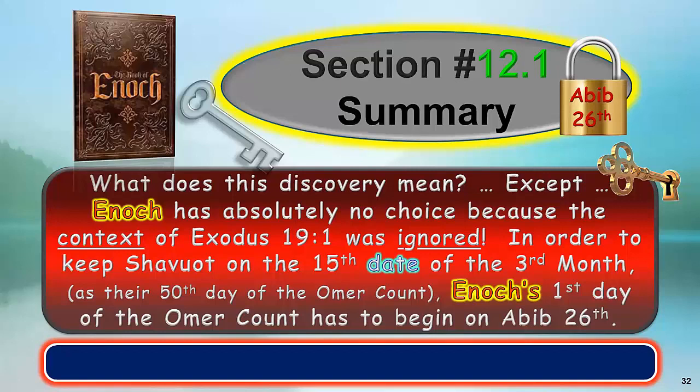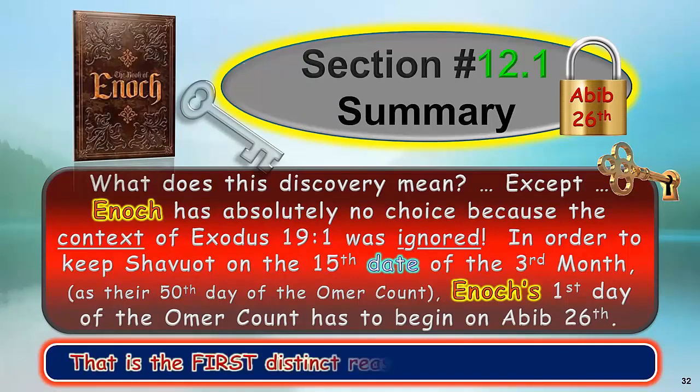In order to keep Shavuot on the 15th date of the third month as their 50th day of the Omer count, Enoch's first day of the Omer count has to begin on Abib 26. There's no other way. It has to be that way to achieve what he wants. That is the first distinct reason. There is much more.